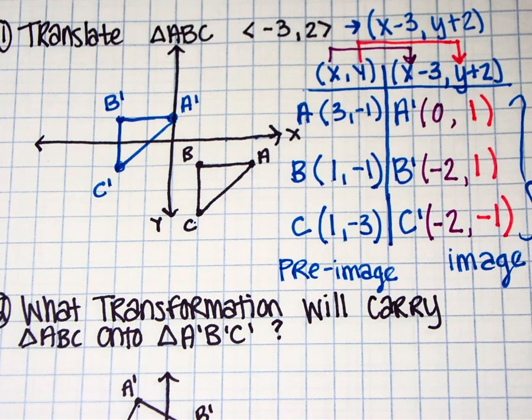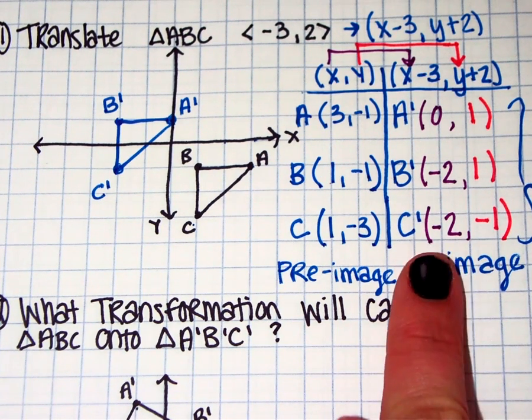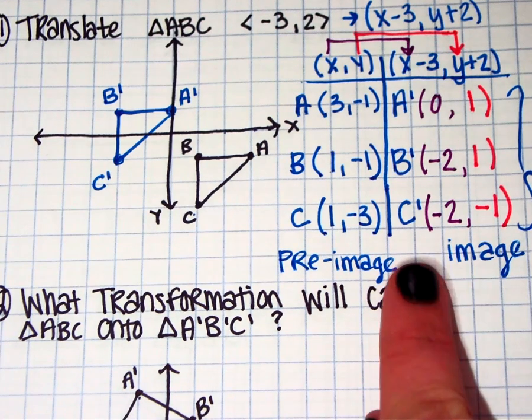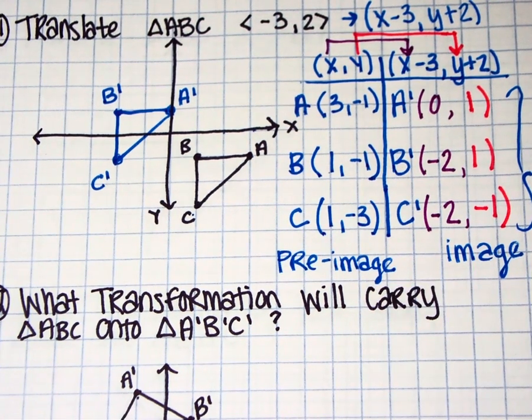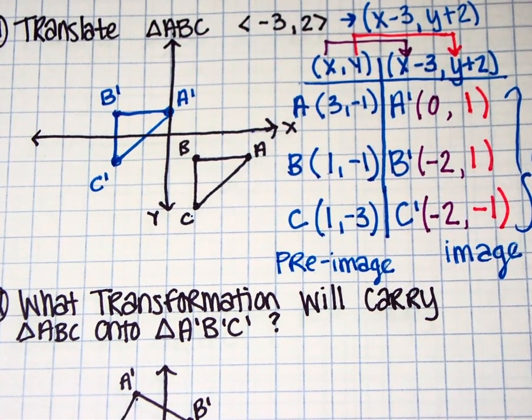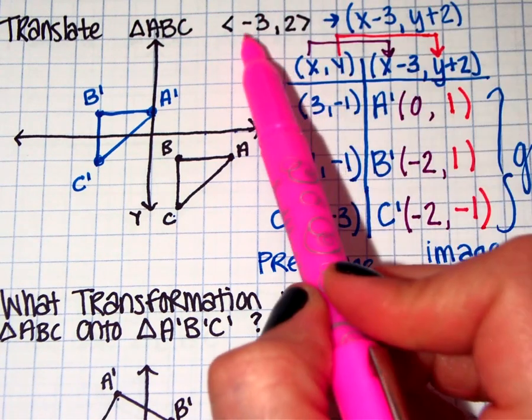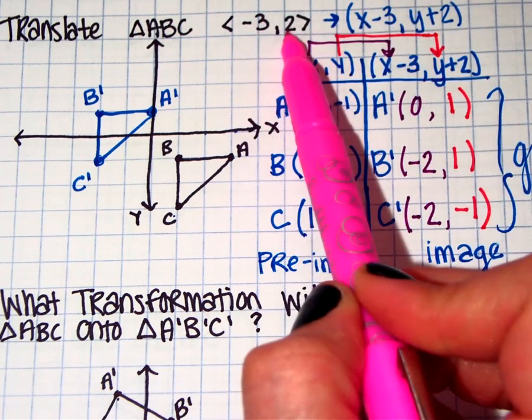Now, yes, we could have done this without a T-chart, but remember, eventually we're going to be adding reflections and rotations in here, and the T-chart's just going to help you stay organized. So what we're doing here is building a good foundation for the more difficult stuff, so the hard stuff isn't as difficult. So if you wanted to do this without a T-chart, all you would have to do is it says that you're traveling left 3 and up 2.